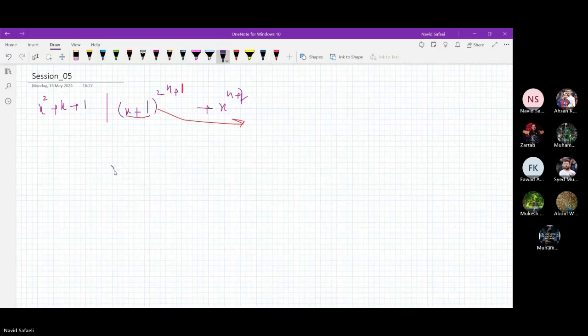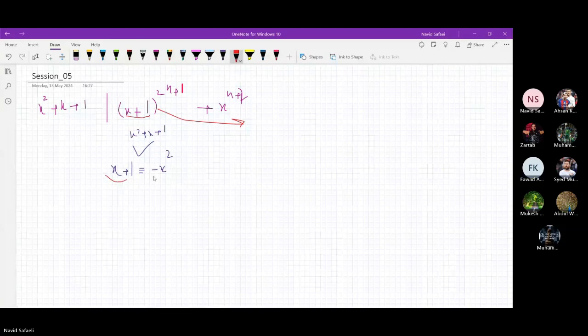Indeed, x plus 1 would be congruent to minus x^2 mod x^2 plus x plus 1. Do you agree?